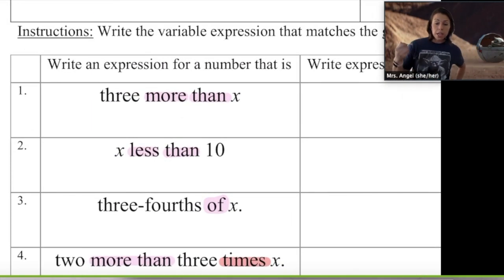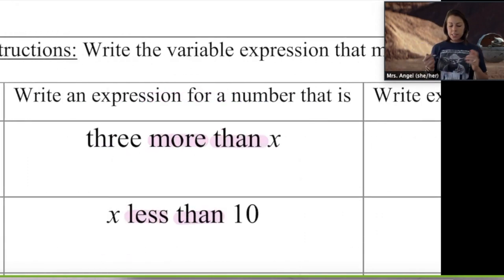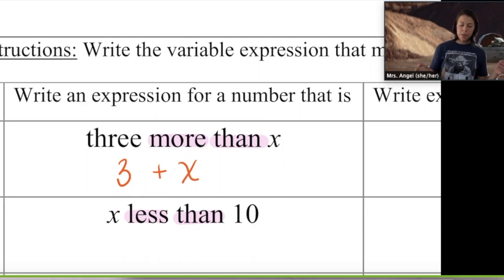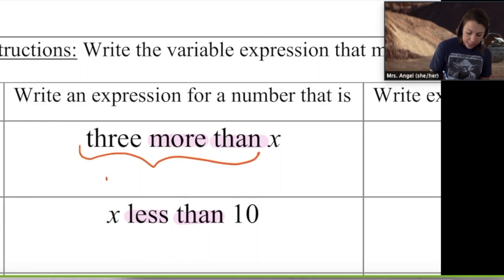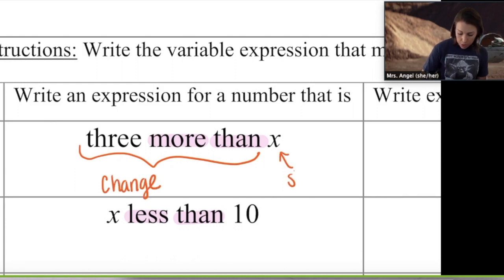Number 1, 3 more than x. Some of you might be thinking this means 3 plus x. And you're close, but not quite. "More than" means it's happening to x, which means x is actually your starting value, and "3 more than" is the change. So really think of it like this. This phrase "3 more than" is a change that is happening to x.